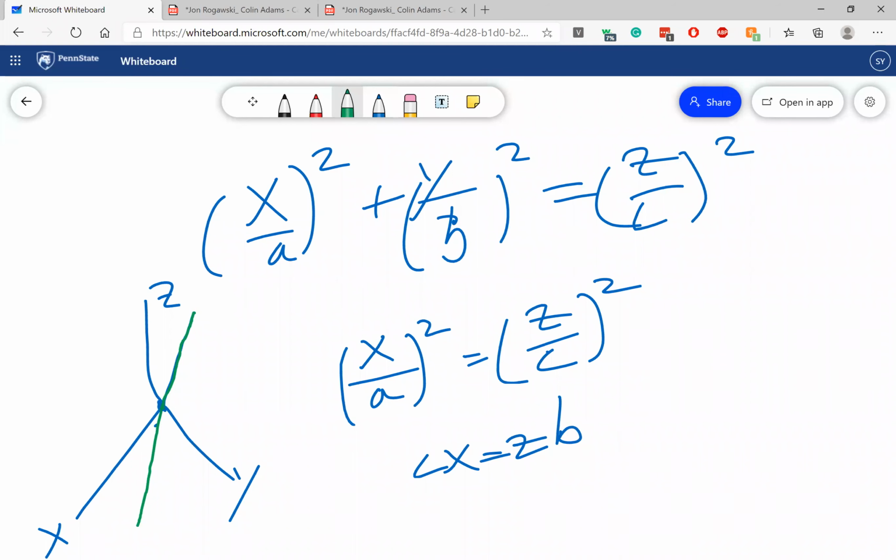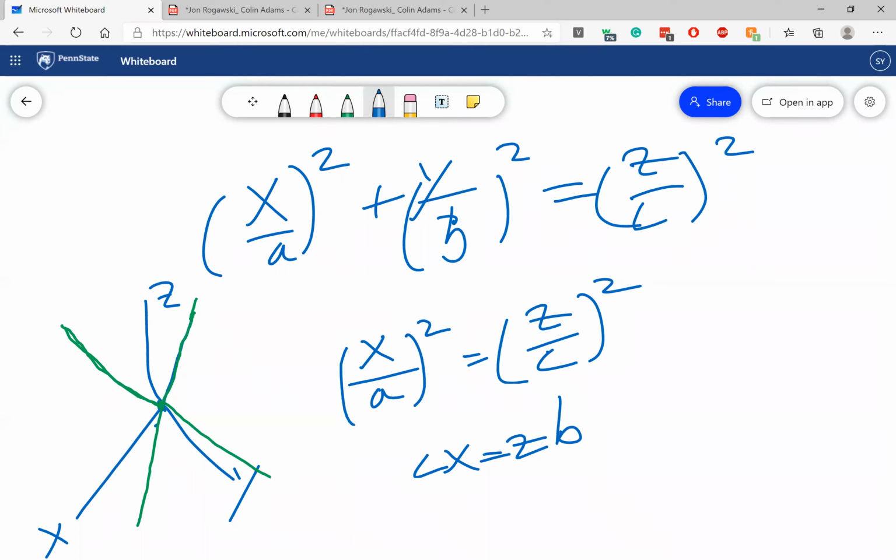Here's that line. But because this is squared, the negative line will also satisfy those equations. So that line.